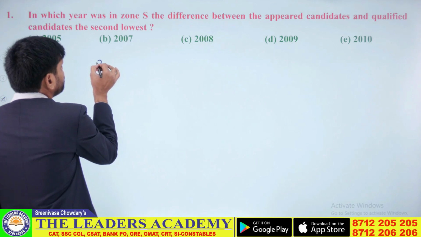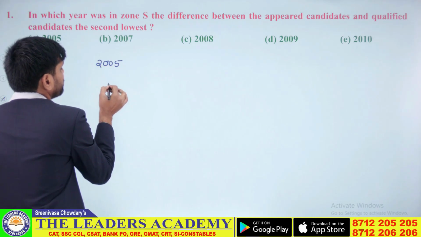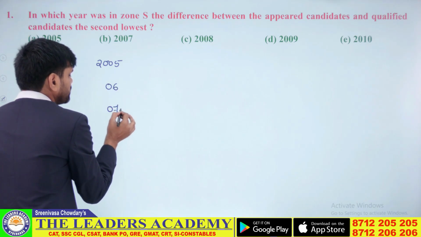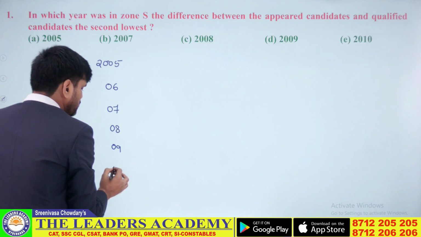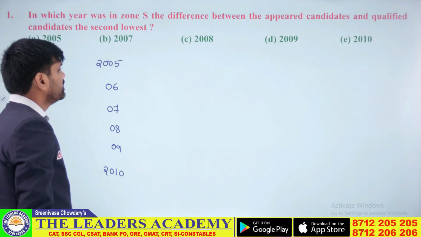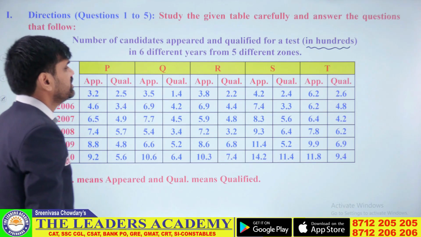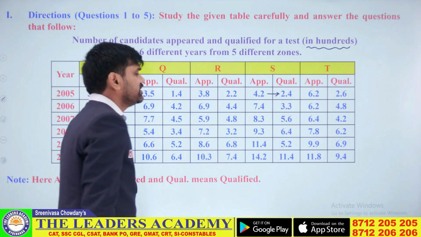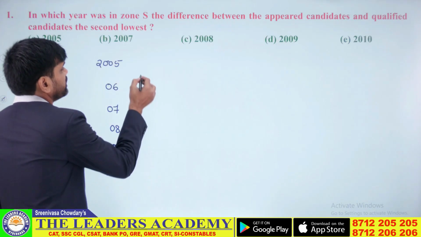So let me write for all the years just for your clarity. 2005, 2006, 2007, 2008, 2009 and 2010. These are the years that are mentioned. In the year 2005, what is the difference? In zone S, the difference between appeared and qualified in the year 2005 is 420 and 240.